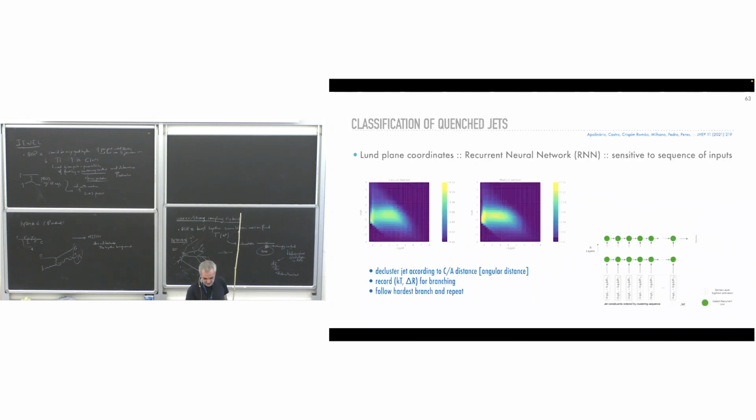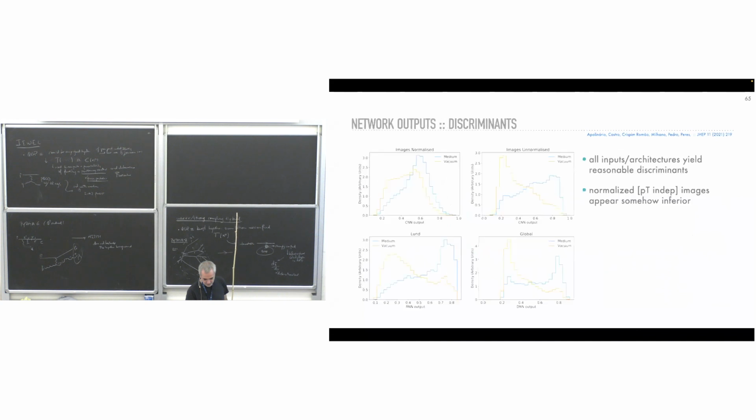We did various things. The most important thing is that in all cases, there is a distinction. Whatever the machine learns, which for images is easy to understand, in the sequences is a black box, or for me it's a black box. For all architectures, with images, whether we remove the information on the total momentum or not, all of them can tell things apart.